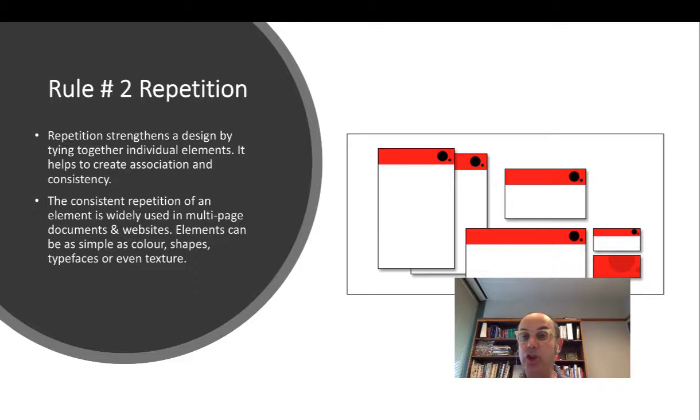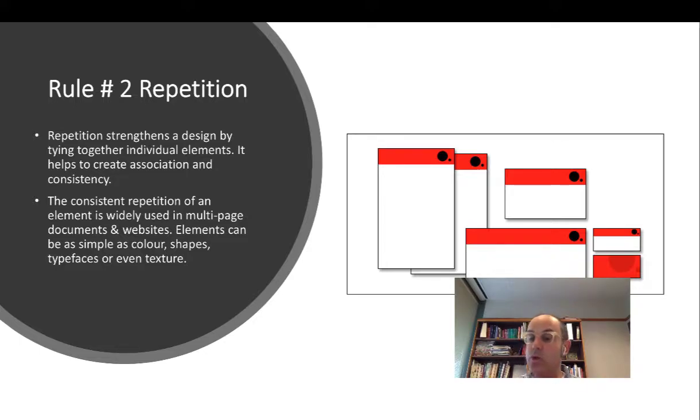So this is really important, and I want you to think about that when you go into a commercial website. Usually the commercial website has a repetition that shows the same design throughout the website. For example, our school website has the same design schema throughout. So how can you apply repetition to your own design?